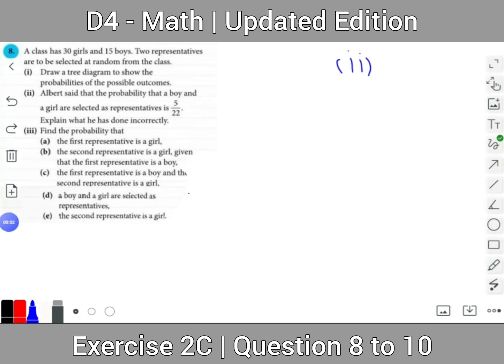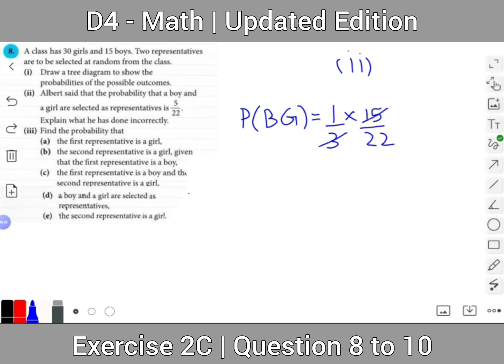Now in part 2, Albert said that the probability that a boy and a girl are selected as representatives is, according to Albert, a boy at first place and a girl at second place. So from the tree diagram, the first is a boy, the probability is 1/3, and the second is a girl, and the probability is 15/22.